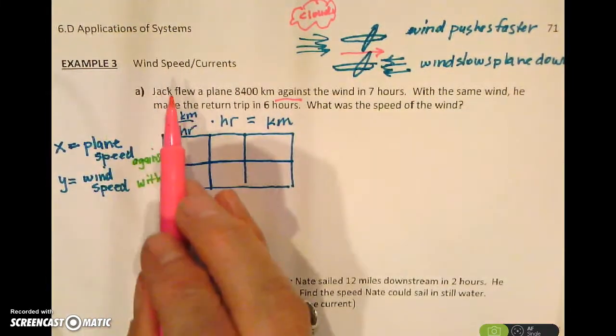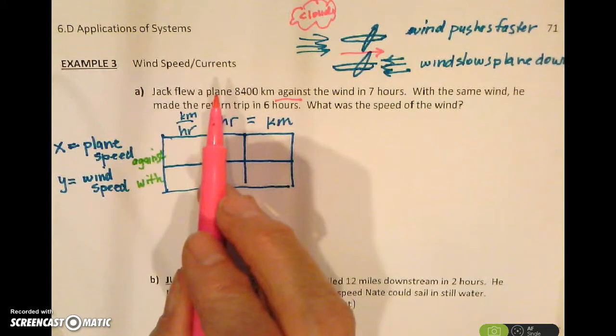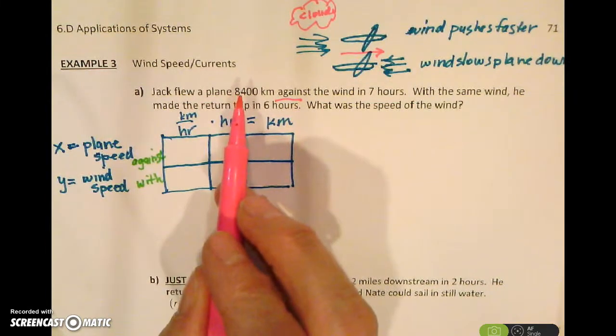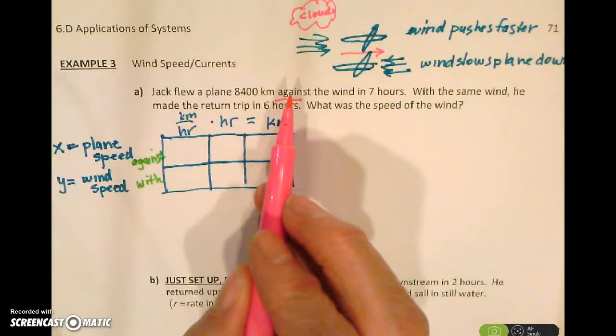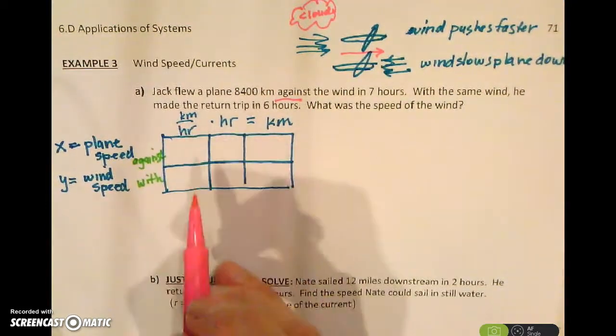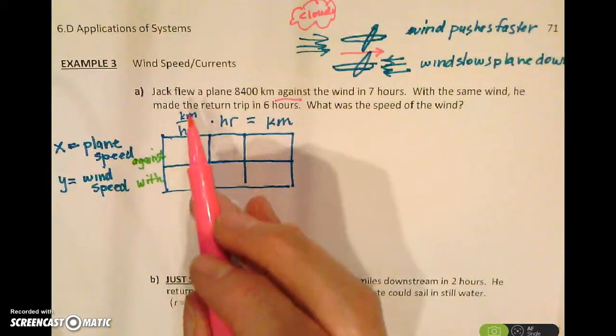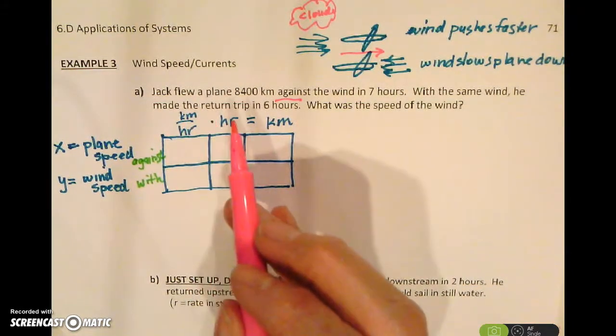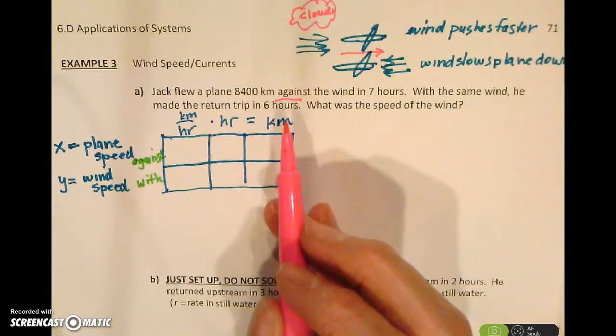So let's read our information. Jack flew a plane 8,400 kilometers against the wind in 7 hours. You can see I made a chart so I could be a little bit neater. My kilometers per hour times the hours equals kilometers.